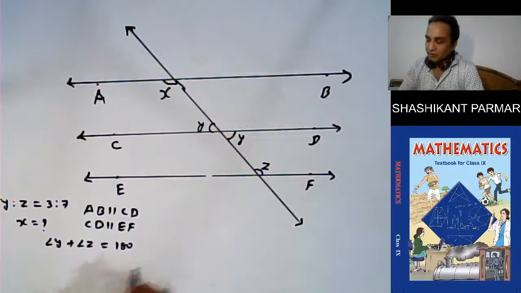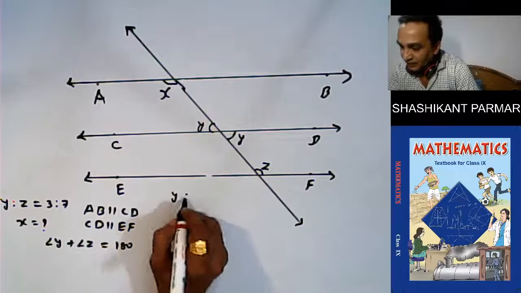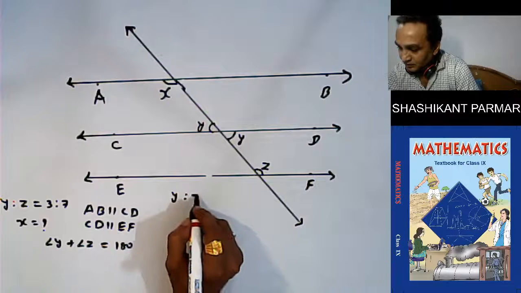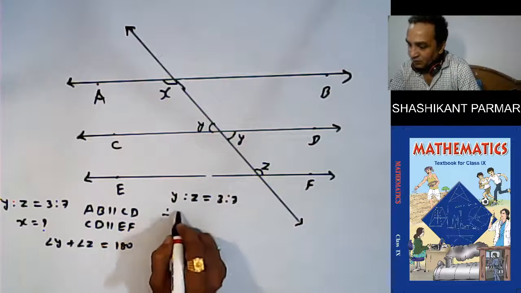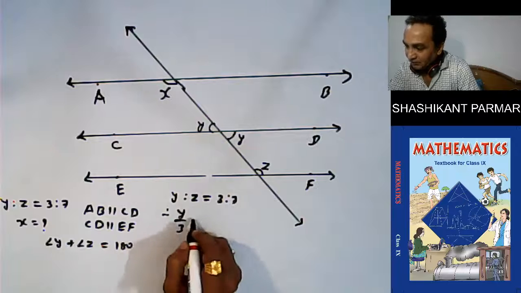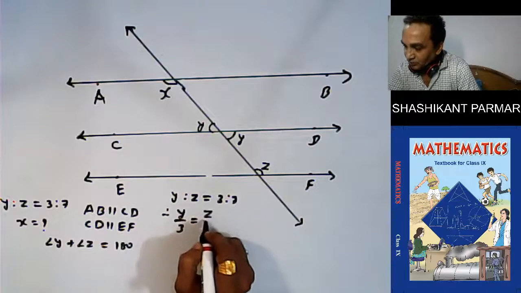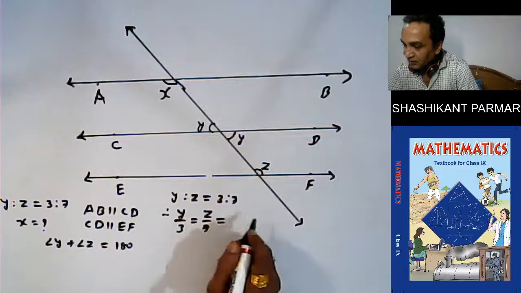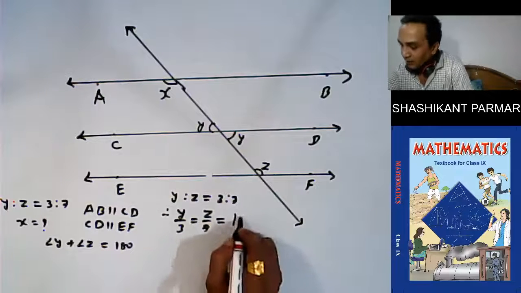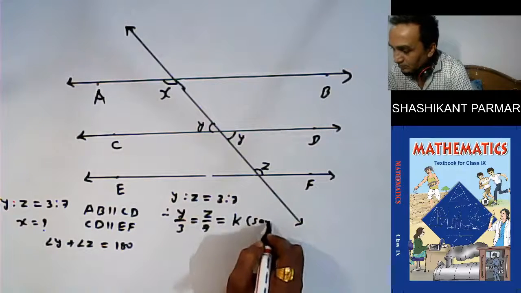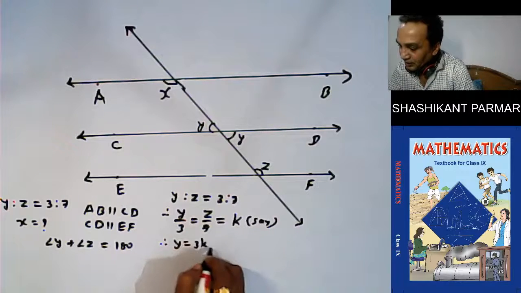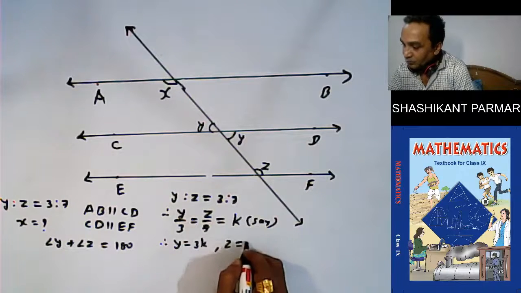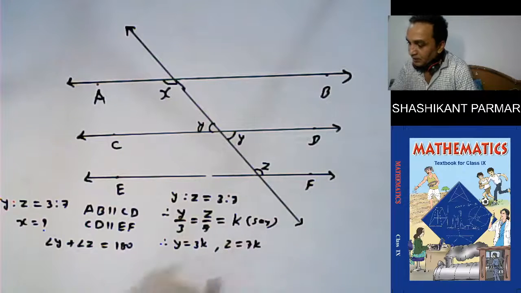But what we have given is the ratio of Y and Z, therefore Y divided by 3 is equal to Z divided by 7 is equal to, say, K. Therefore Y is equal to 3K and Z is equal to 7K.